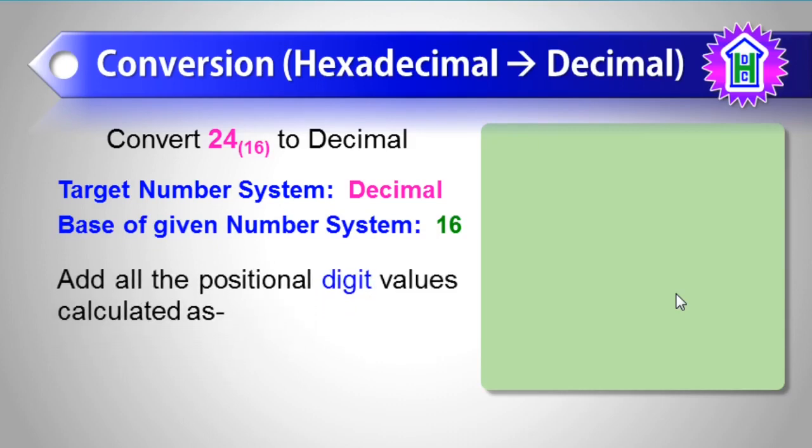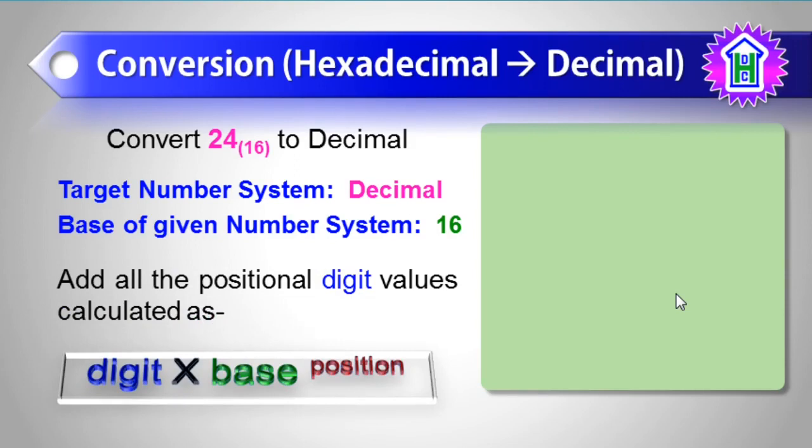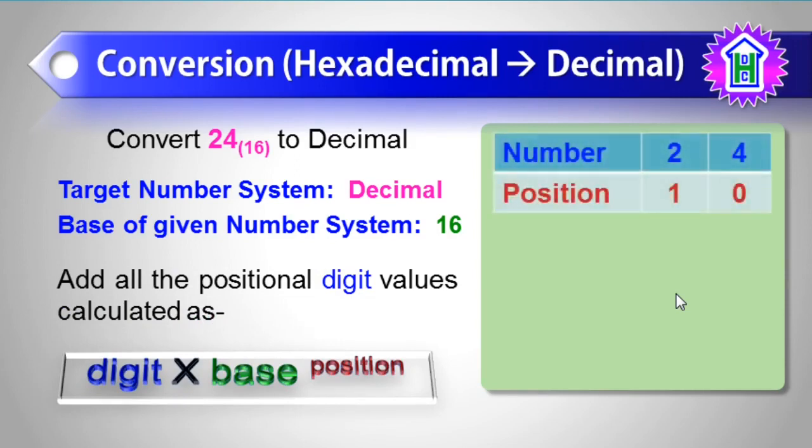We'll add all the positional digit values calculated as digit into base to the power position. So the number is 24, split it into 2 digits. From right to left they are 4 and 2 and their positions are 0 and 1.